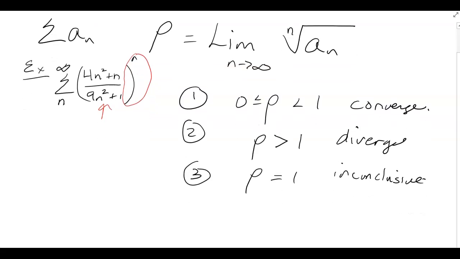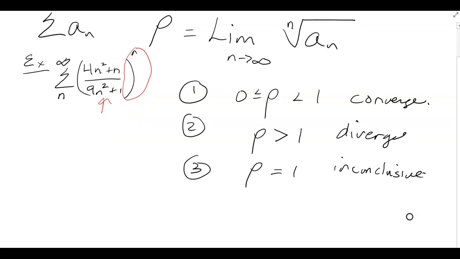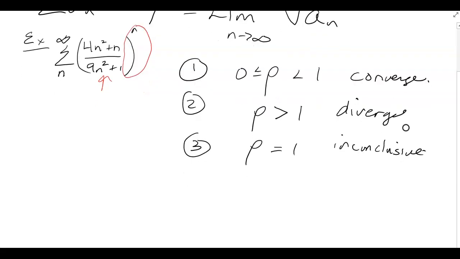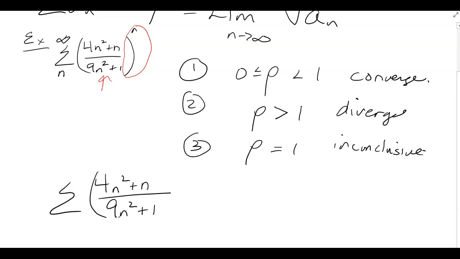So let's just take a look at one quick example for when you would go to the root test. So we'll do the example I have up there, all right, which I'll rewrite as the summation of 4n squared plus n over 9n squared plus 1 to the nth power, n equaling 1 to infinity.